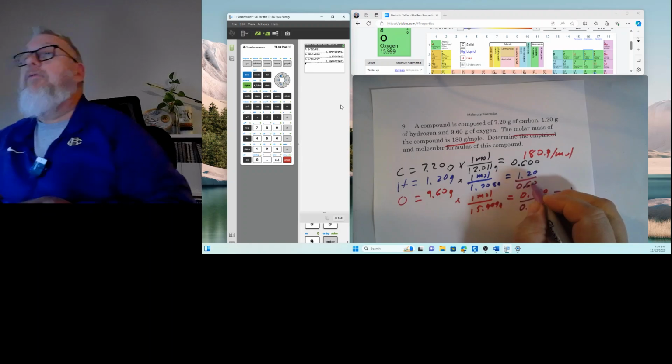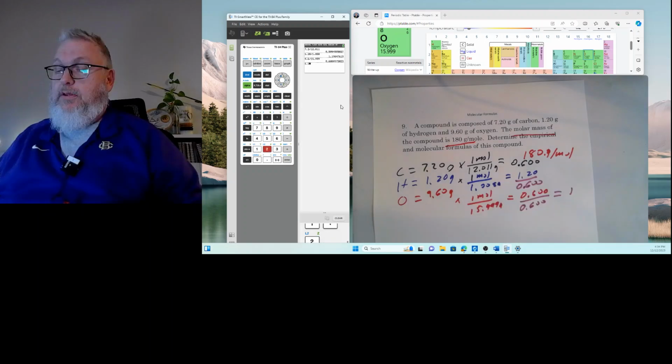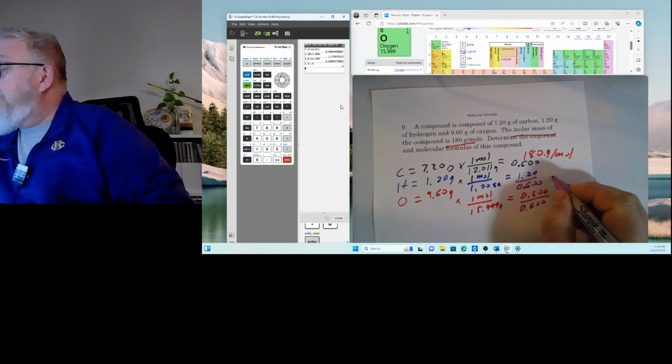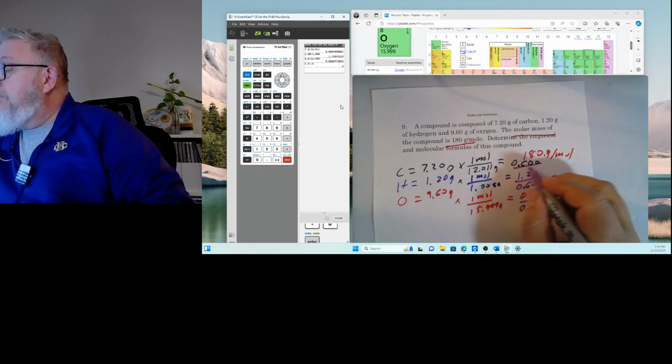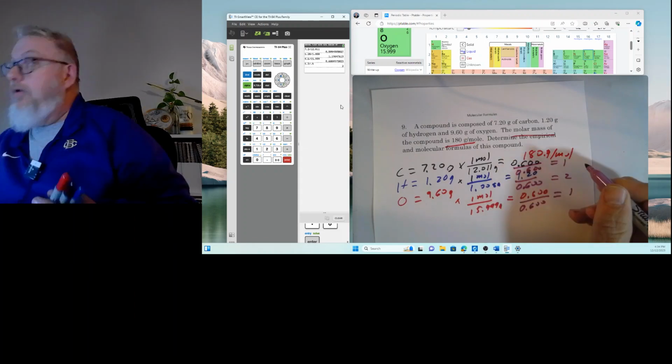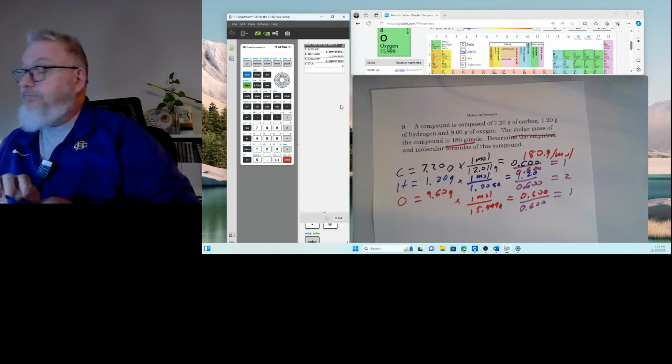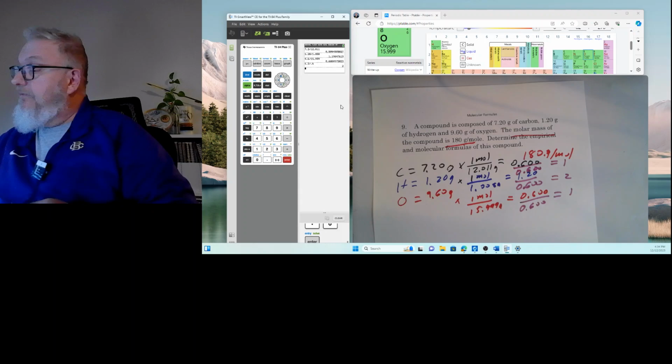And if you want to see it, 1.2 divided by 0.6, but it's 2. And then, of course, that divided by 0.600 is going to be 1. So that gave me my empirical formula. So I'm going to have carbon 1, hydrogen 2, oxygen 1. Empirical formula. I'm done.